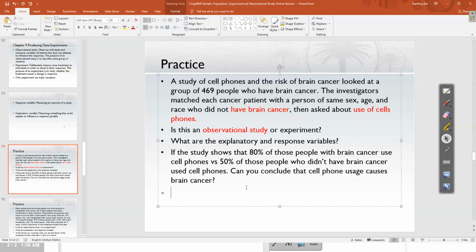And then the next question: if the study shows 80% of those people with brain cancer use cell phones versus 50% of people who didn't have brain cancer, can we conclude that cell phone use causes brain cancer? An observational study doesn't really give you good causation. So we can't conclude a cause here because this is not an experiment.